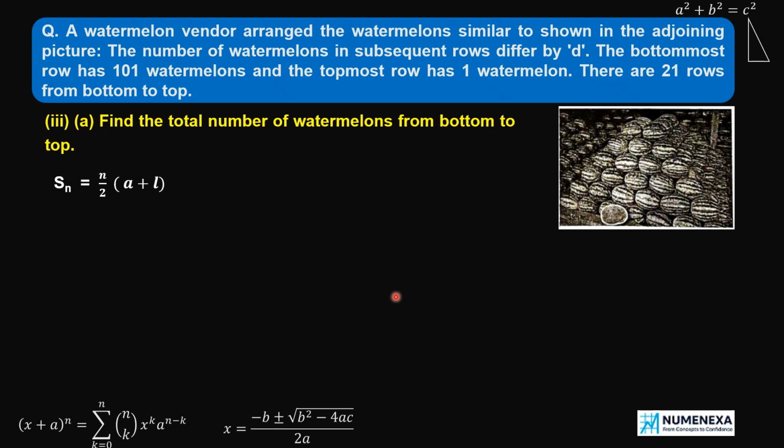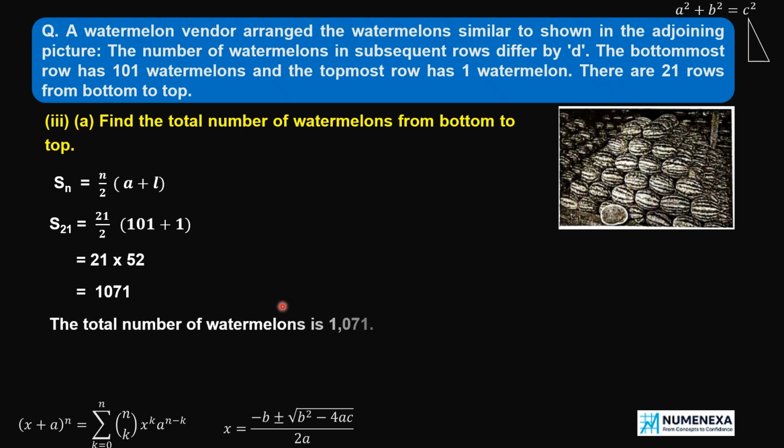In this case study the first term is 101 from the bottom and the last term is 1, so we will use this formula. Here n is 21 because there are 21 such rows. So S21 is equal to 21 upon 2 into (101 + 1). On simplification, we get 1071 as the total number of watermelons in this arrangement. The total number of watermelons is 1071.